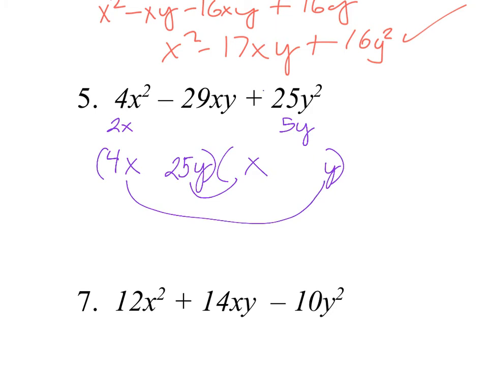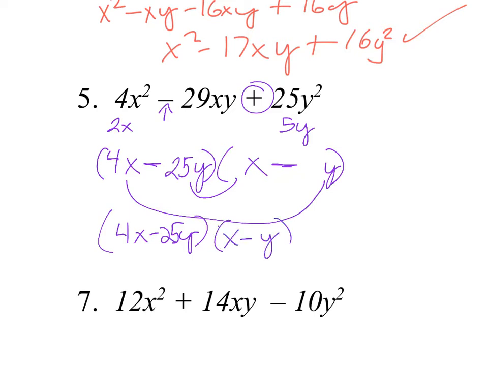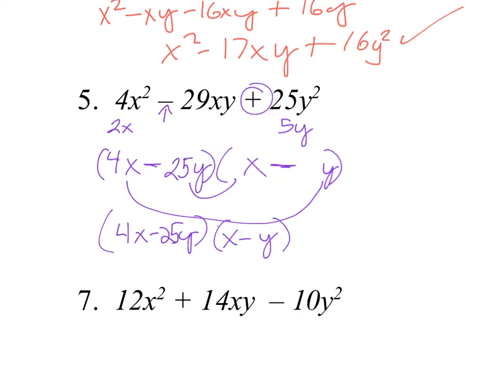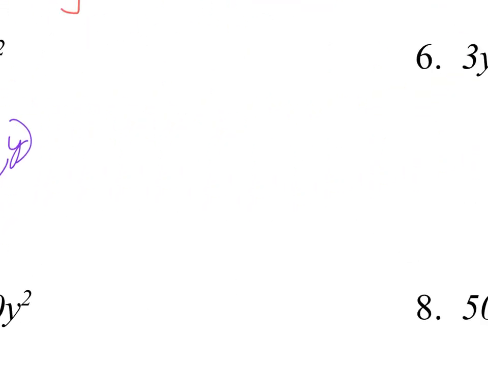All right, I'm adding them together, so the sign should be a subtraction. So my final answer would be (4x minus 25y)(x minus y). Oops, I went the wrong way.